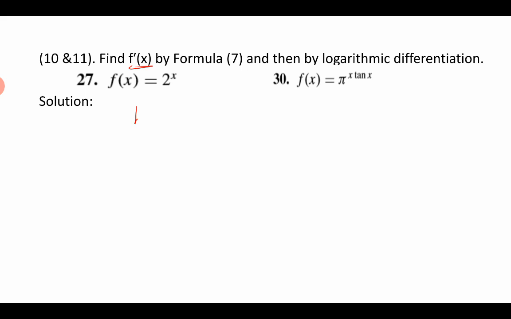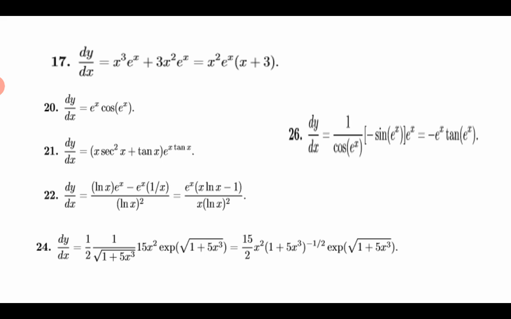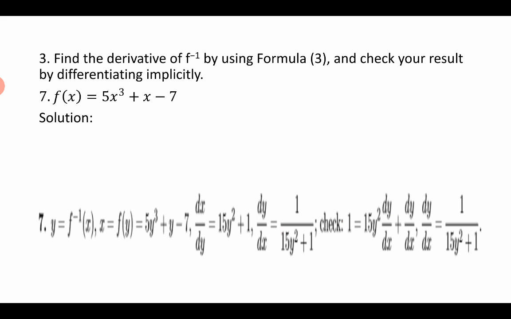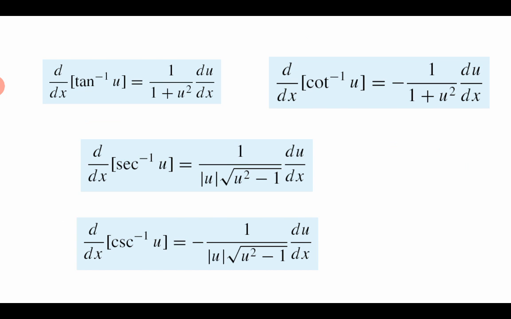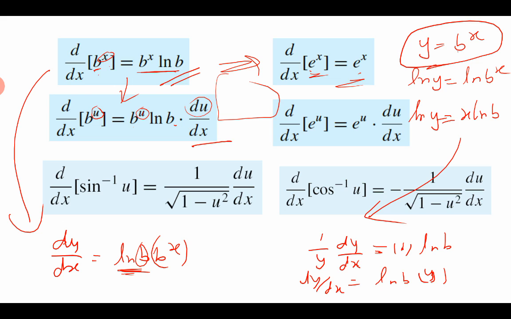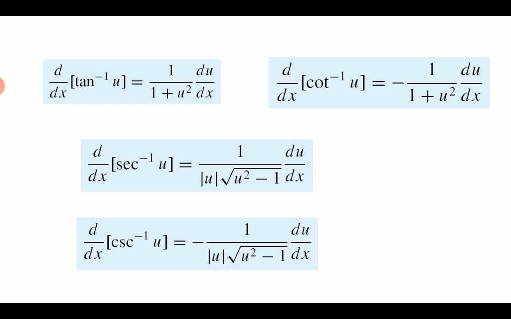If there is b power x, the derivative of b power x with respect to x is ln b into b power x. We have seen this one. Go back to the formula collection. Here it is ln b times b power x, isn't it? So that's what I asked you to find.